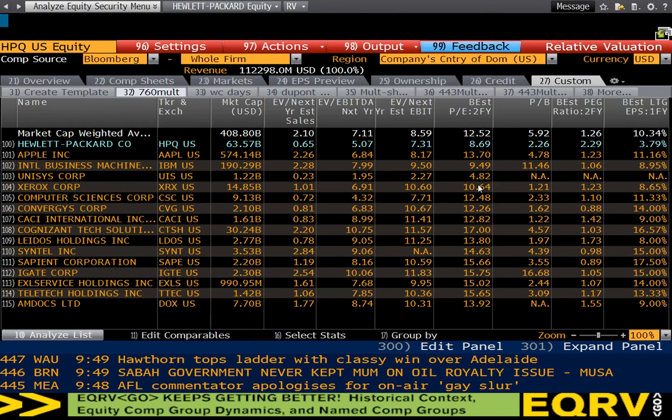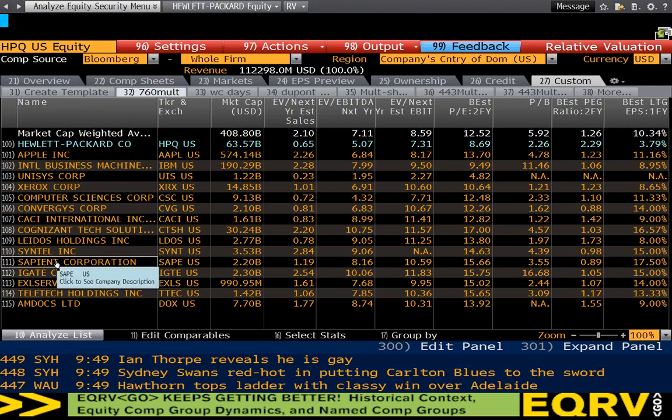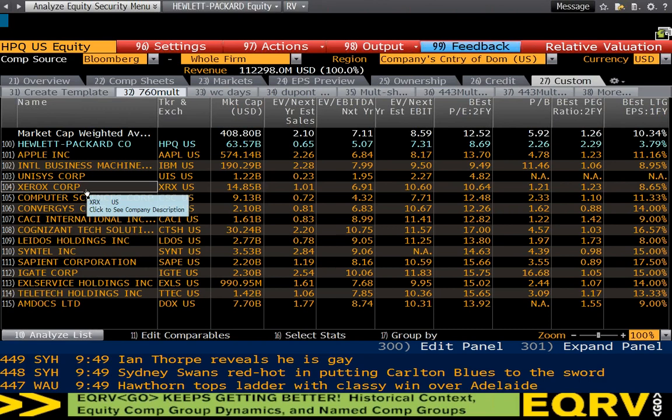What can we say about a company like, let's pick another one here. How about Sapient? Actually, how about Xerox? What can we say about Xerox, another traditional hardware vendor, and their multiples?